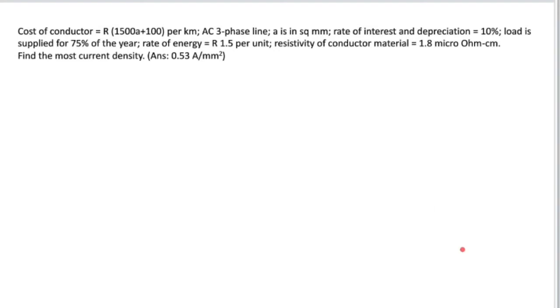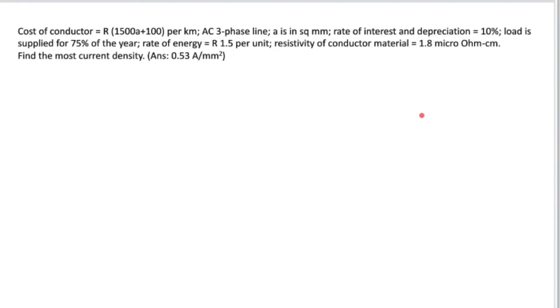I'm putting my camera on so you can see. So it's 10%, and then the load is supplied for 75% of the year, meaning it's not on for the whole year, meaning it's not on for 8,760 hours.